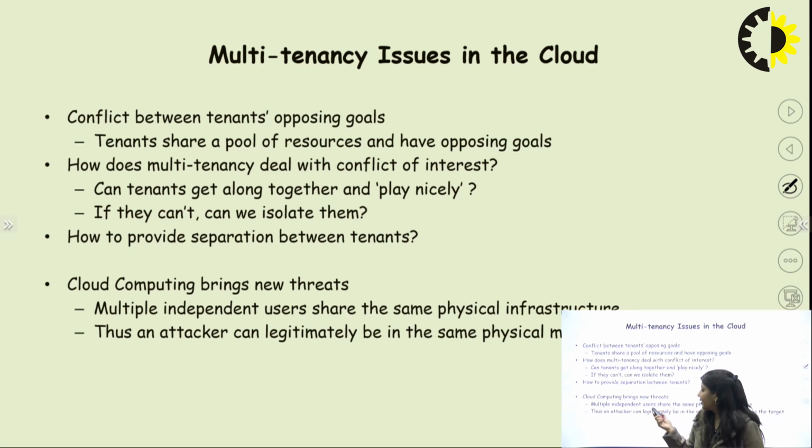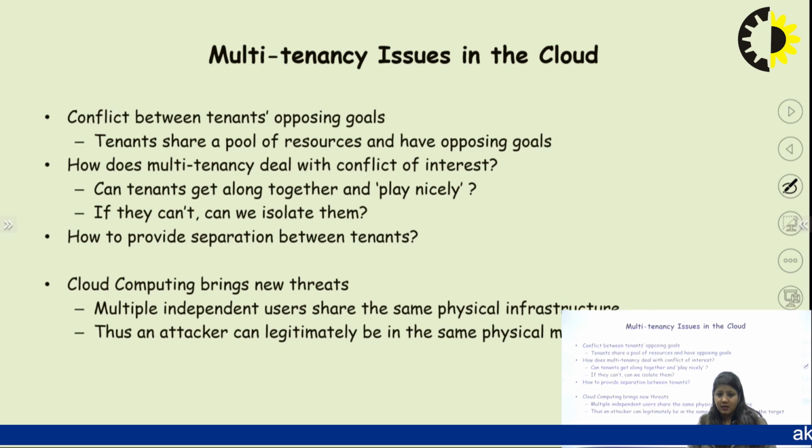Cloud computing brings new threats. Multiple independent users share the same physical infrastructure, and thus an attacker can legitimately be on the same physical machine as the target. On a single virtual machine there are different resources like RAM, hard disk and CPU.